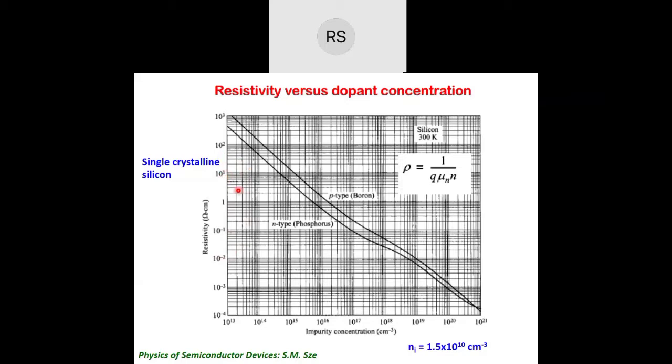These are the resistivities where semiconductor materials find a lot of application in devices. And this curve is at 300 Kelvin. For all the other semiconductors also, like gallium arsenide, gallium nitride, or even gallium oxide, you will see this kind of universal behavior.